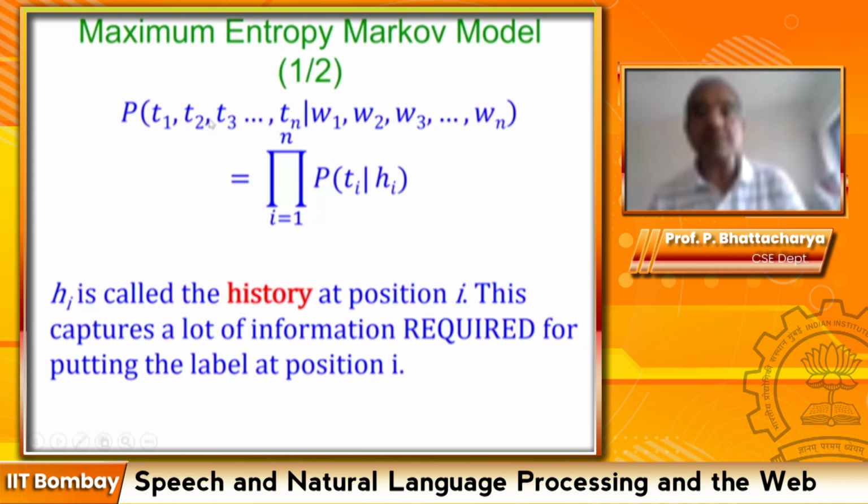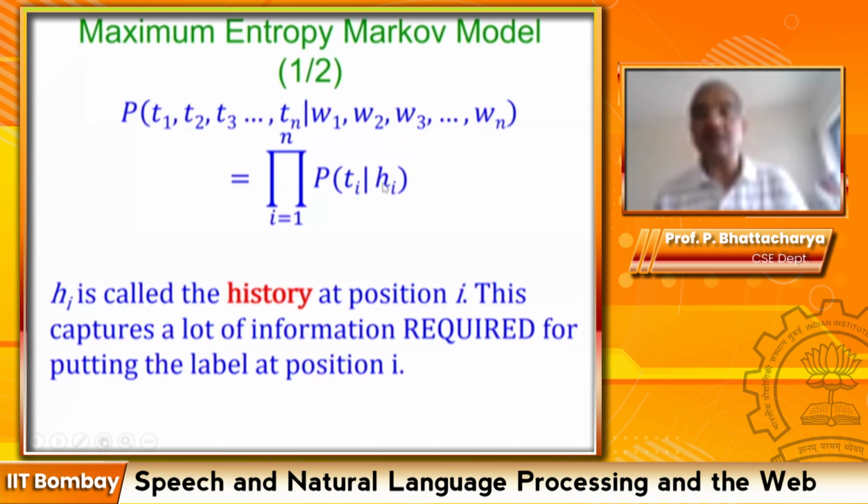So the best possible tag sequence is argmax of the product of probability of Ti given Hi, i going from 1 to n, where 1 to n includes the sentence beginner and sentence finisher also. At every position we are interested in this quantity, probability of Ti given Hi. This Hi is called history.